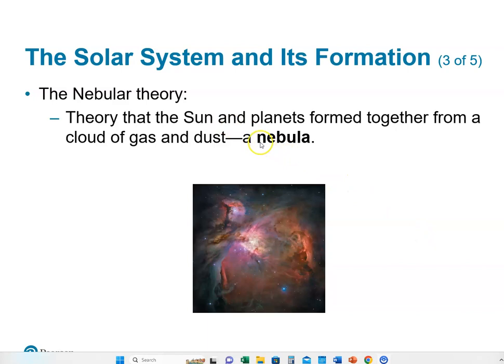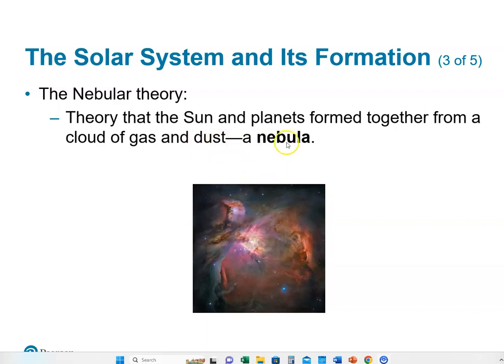All right, so let's get into the formation of the solar system. When we look out into the galaxy and even into other galaxies, we see these hazy areas which are composed of mostly hydrogen and helium, in a gigantic cloud.